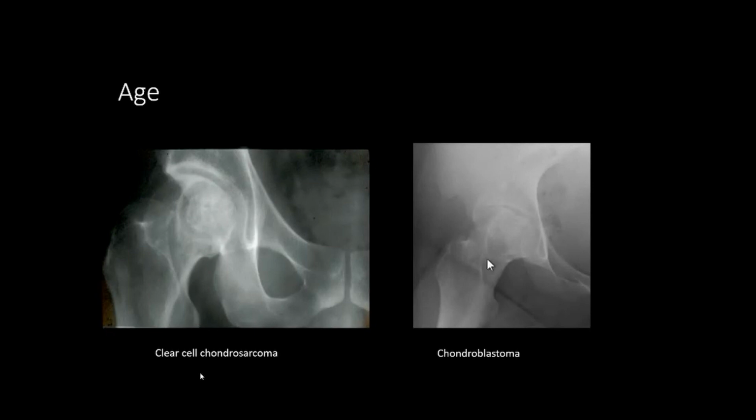Although they have the same radiological features, the age is a very important factor in the diagnosis. And in the exam, either 2A or 2B, you have to build your diagnosis based on the age, because you cannot differentiate between low grade chondrosarcoma, clear cell chondrosarcoma, and chondroblastoma.